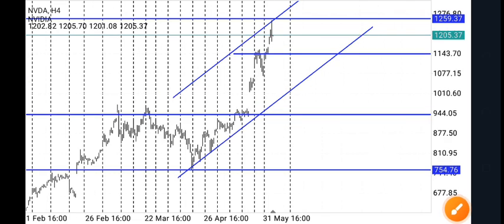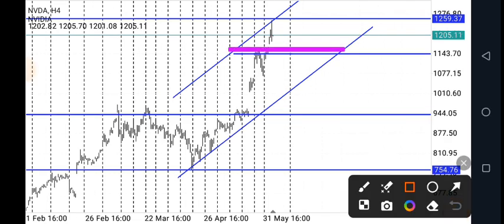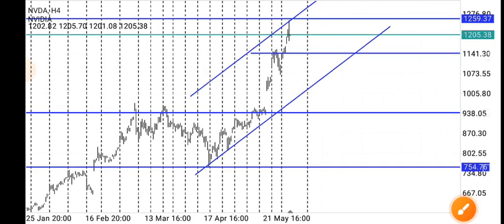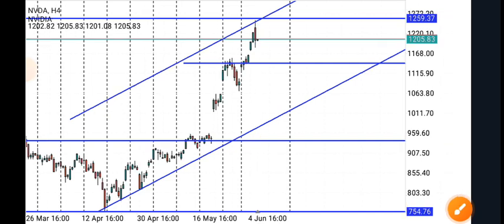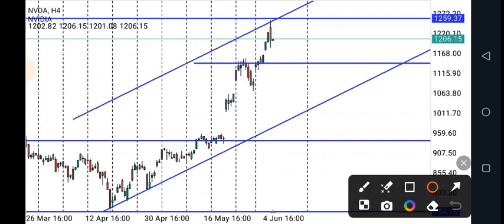We also spoke about how we have this very strong level of support, and that it is quite possible that price may only move to this level, and at that level may continue to move further up, right? But let's zoom in and see what else we have on the chart. And also remember, I spoke about those gaps, and I said that all of these gaps are carrying liquidity, and liquidity is money, and that money needs to be triggered by the market at one point or another, right?